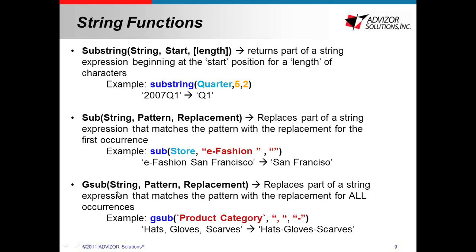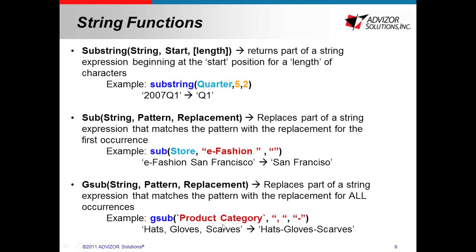Now the gsub function is very similar to the sub function. The only difference is that it matches the pattern with the replacement for all occurrences. So for example, if you had a product category field and you had one value that was hats, gloves, and scarves, and maybe you wanted to make it a little smaller and just use dashes and get rid of the space and comma, you could use the gsub function.